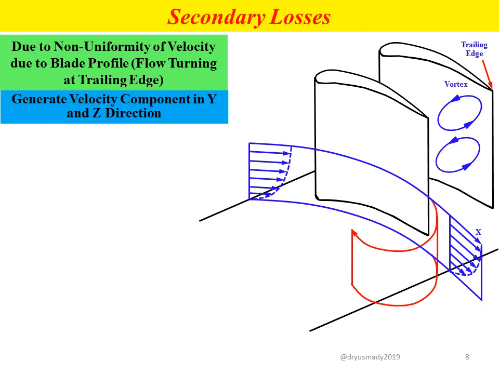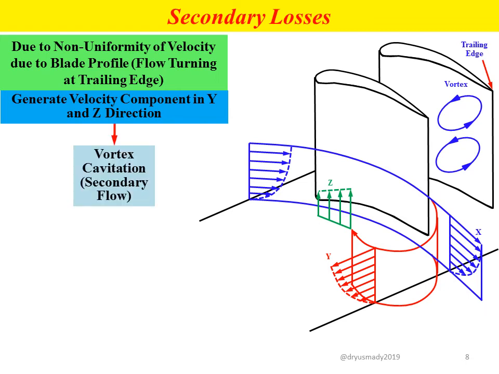The red line region shows the velocity profile when the flow turns at the trailing edge. This phenomenon will generate velocity components in the y direction and also in the z direction.